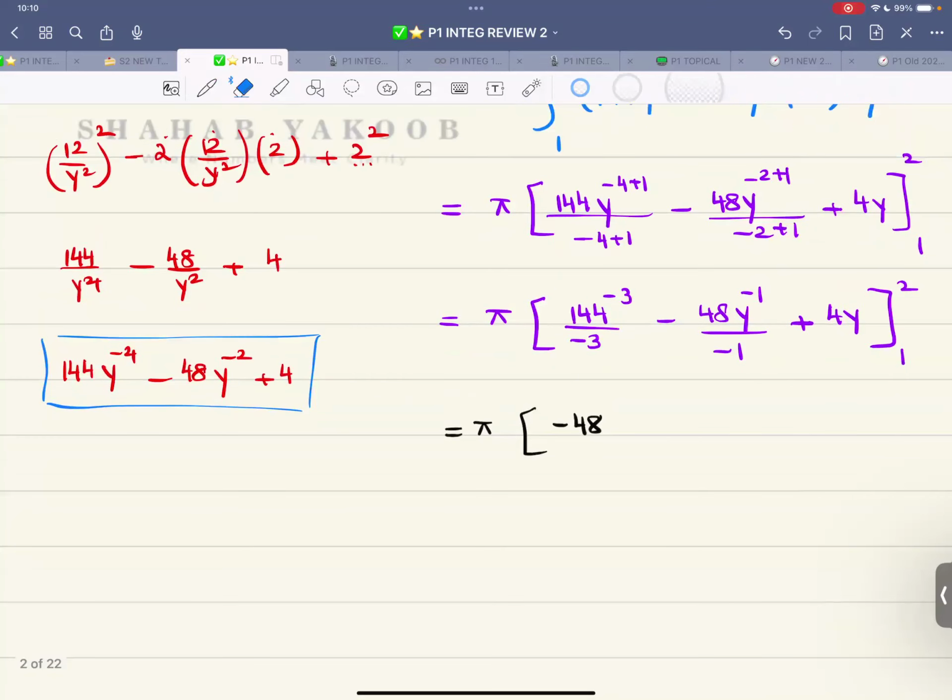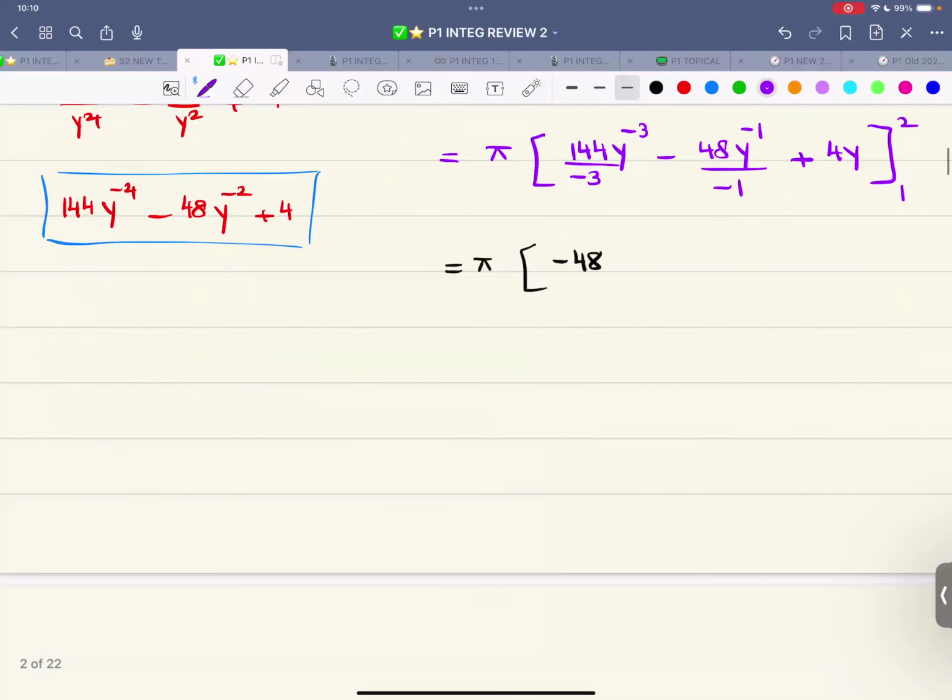So let me write the y over here. So this is 144 y raised to the power of negative 3. So 48 and then y raised to the power of 3 goes down. This negative makes it positive. That is 48 over y. And this is 4y as it is. And this is 1 and this is 2.